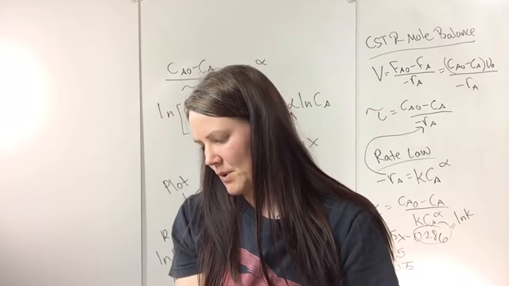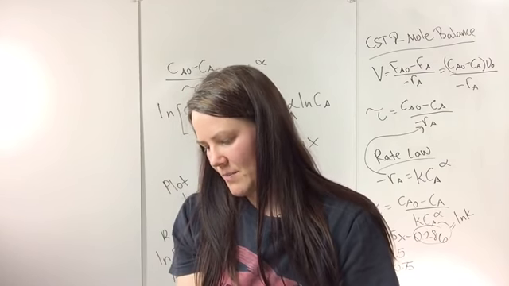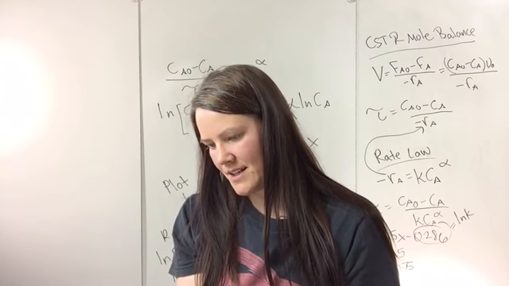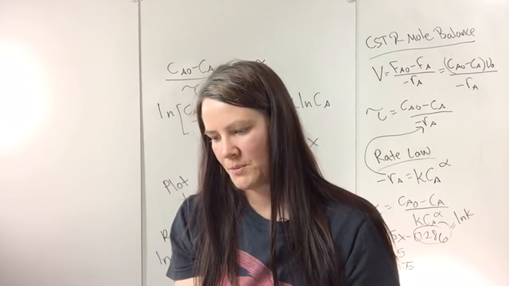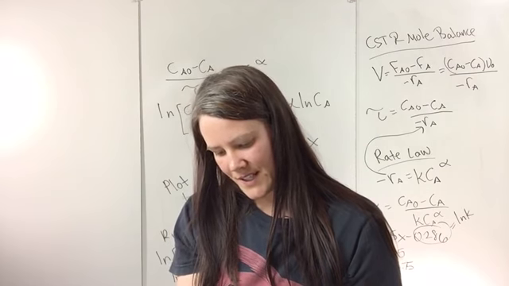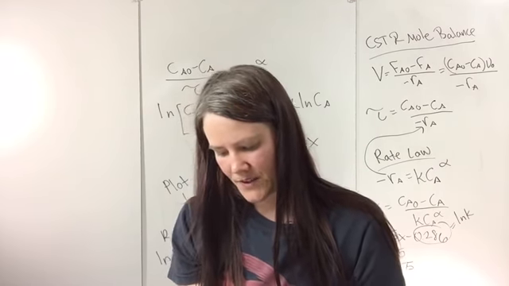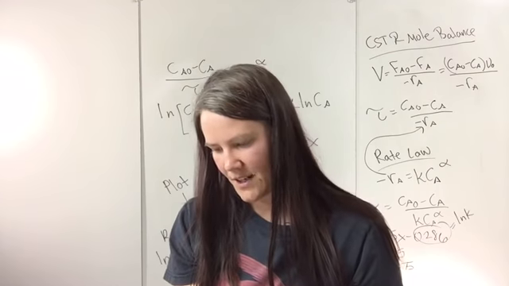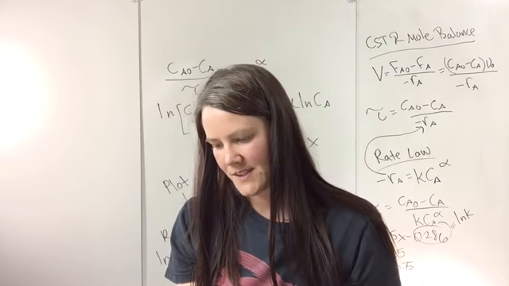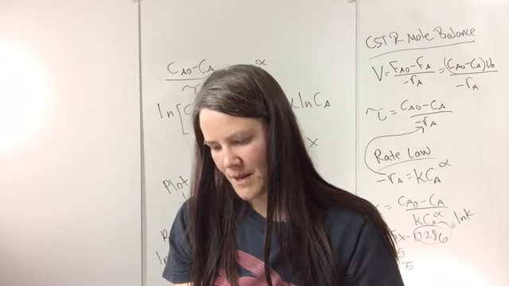So this just has the mole balances for batch, PFR, CSTR, and semi-batch when you have multiple reactions. And then if you look at the next page, at figure 6-5, you have the algorithm for the isothermal reaction design for multiple reactions. And that might be worth looking at too.